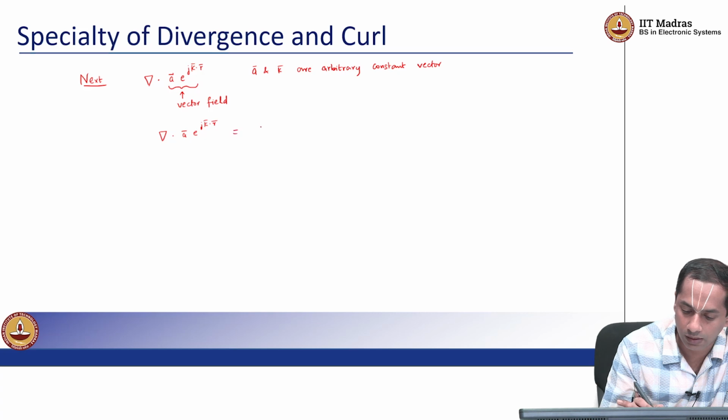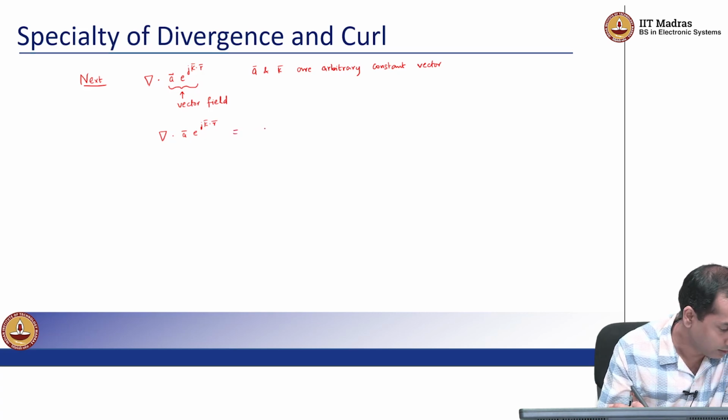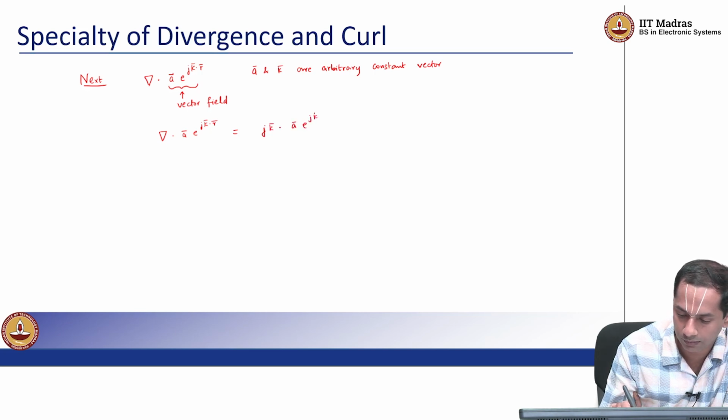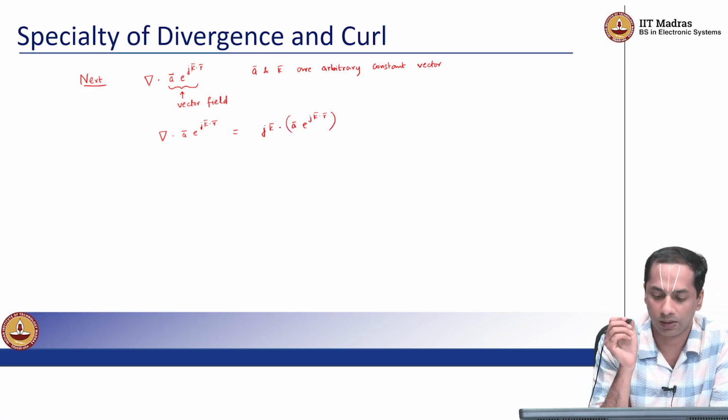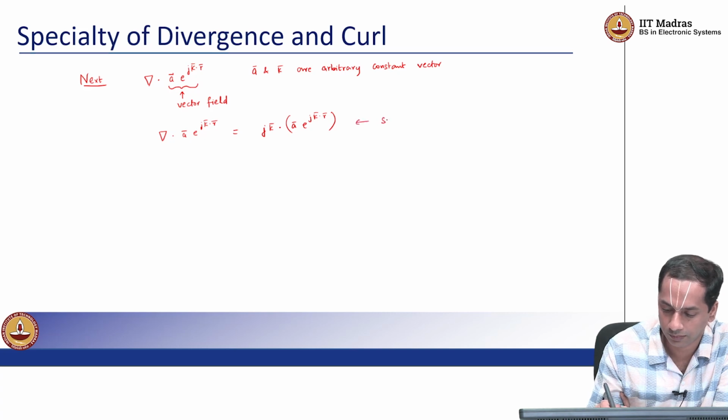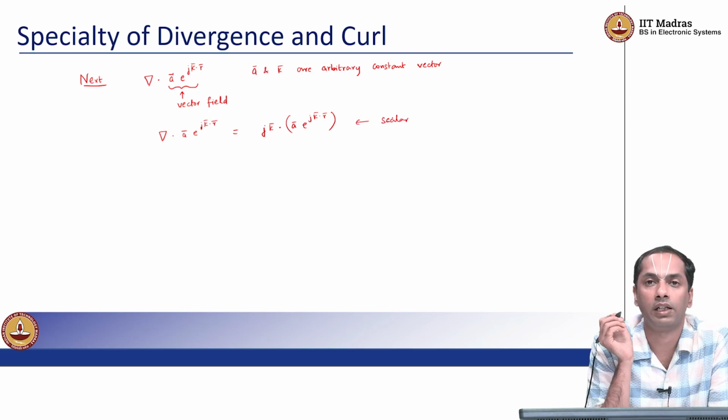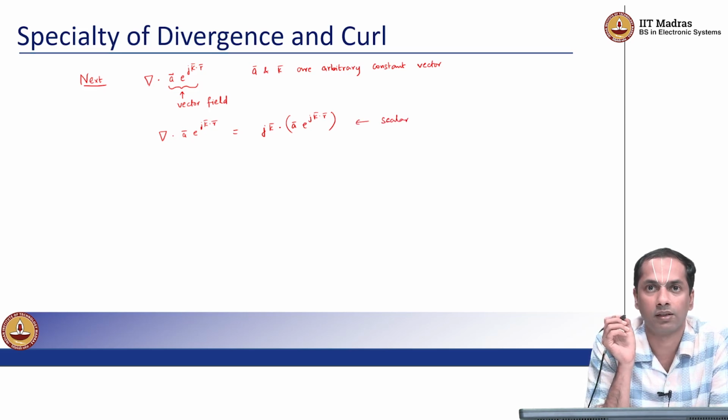You essentially find out that this just becomes jk dot A e to the j k dot r, okay. Remember, this is a scalar. A e to the j k dot r is a vector field that, when taken dot product with k, will give you a scalar, right.